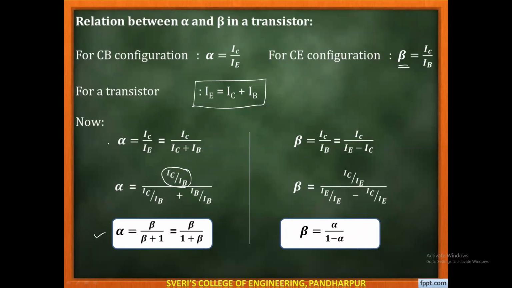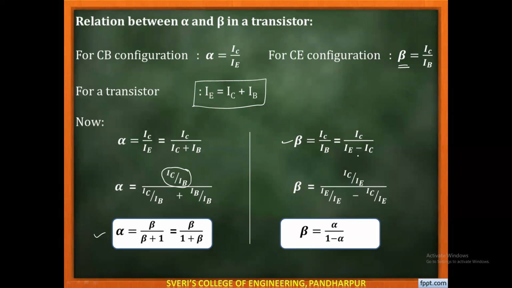Again, just as we took the relation for alpha and derived it in terms of beta, now we can take the relation for beta and derive it in terms of alpha. As you know, beta is nothing but IC upon IB. And by using this equation, can I replace IB with IE minus IC?